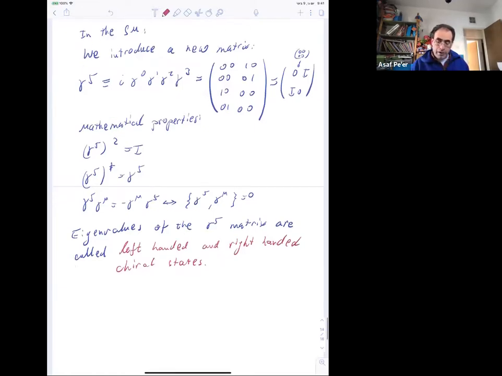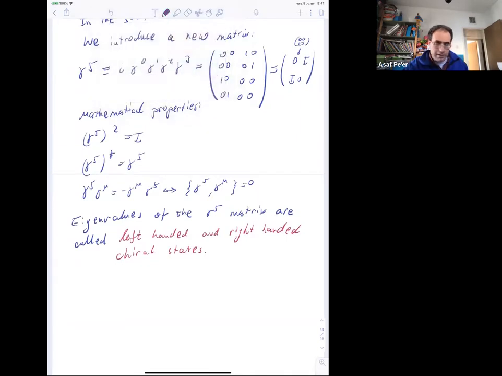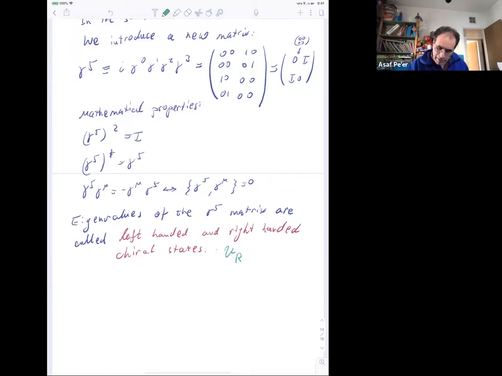And to distinguish those from the eigenstates of the helicity, we denote them by UR and UL, U right and U left. That's why I use the arrows to represent the helicity eigenstates.